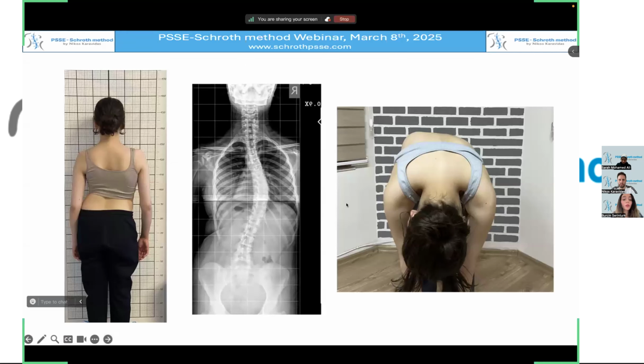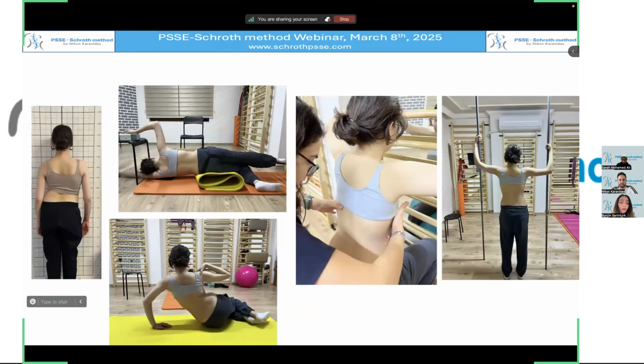I will give you my example just to explain this a little better. You can see the patient's pelvis is shifted to the left and the trunk is shifted to the right. You can see the X-ray and the thoracic hump on the thoracic convexity. What are the 3D principles of correction? First of all, we have 3D autocorrection, which means putting everything in correction.